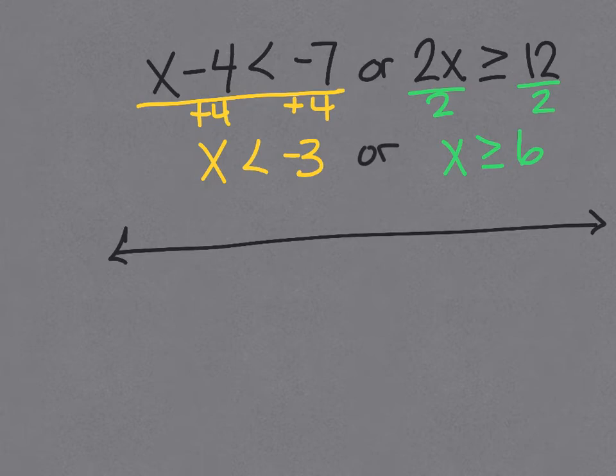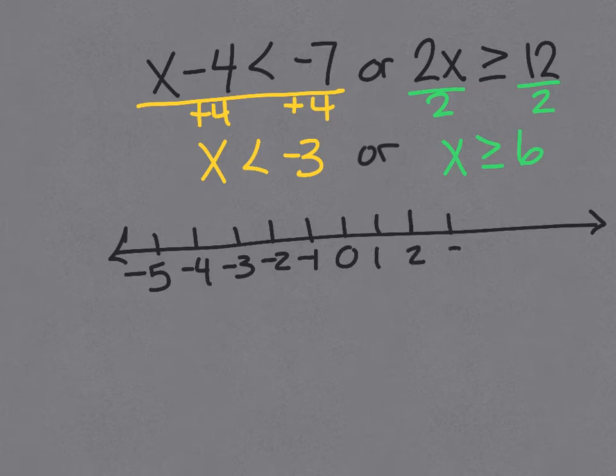So let's do negative 5, negative 4, negative 3, negative 2, negative 1, 0, 1, 2, 3, 4, 5, 6, 7.